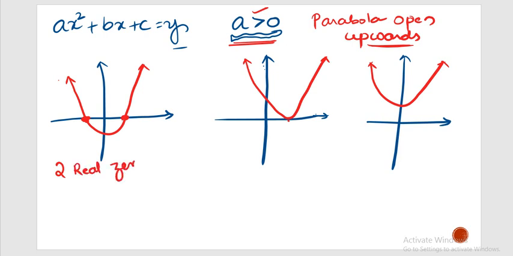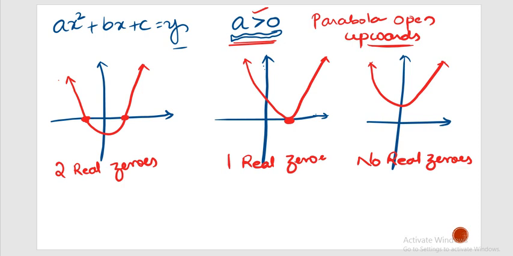When it is intersecting only at one point, I can say it has one real zero. Next here, since it is not intersecting the x-axis, there are no real zeros.